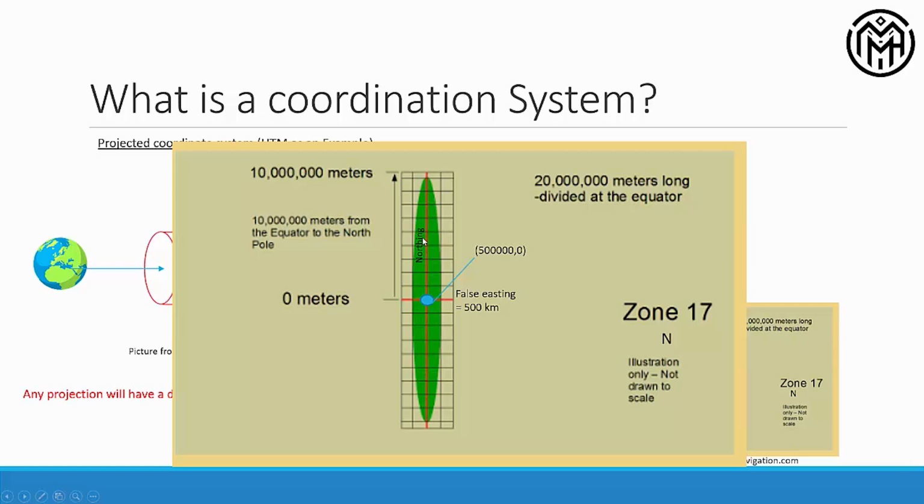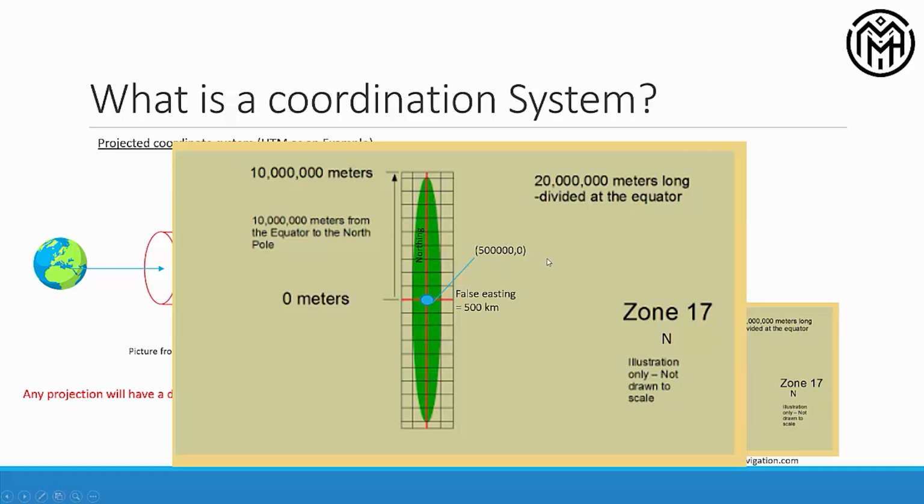We call it northing, and we call this x-axis easting. But you have to know that we have the origin not at 0 and 0. Sometimes we have to have false easting to assume some values for the easting or for the northing.